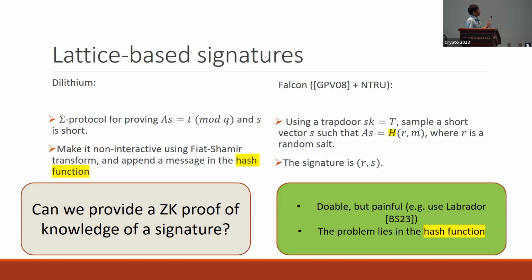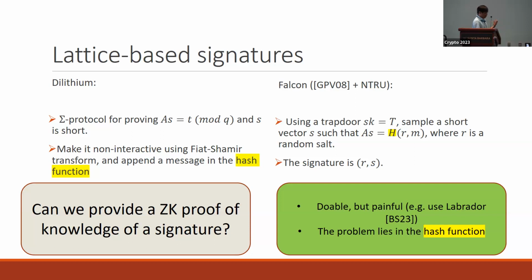So in this case, either we need to prove the statements related to random oracles, good luck with that, or we have to argue that unforgeability is secure in the random oracle model, and then we heuristically assume that it's secure when we instantiate the random oracle with a particular hash function, and then we use the zero knowledge proof on that. So there are a few subtleties, as we can see.